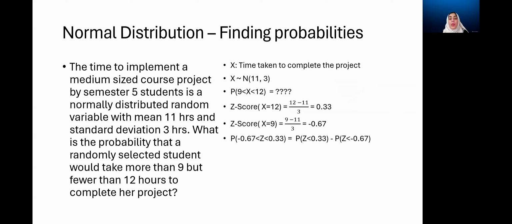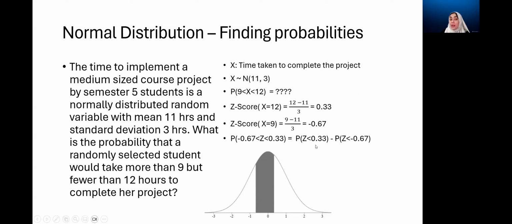Now, we need to find the probability value for the higher z-score and subtract the probability value for the lower z-score to get the probability value for values between these two endpoints, between 9 and 12. So this is P of z being greater than or equal to minus 0.67 and less than 0.33, which is equal to P of z is less than 0.33 minus P of z is less than minus 0.67.